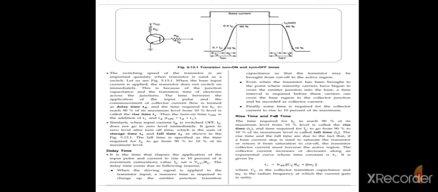The collector current increases or decreases along an exponential curve whose time constant is tau r. It is given by tau r equal to hFE into Cc plus 1 by omega t, where Cc is the collector transition capacitance and omega t is the radian frequency at which the current gain is unity.